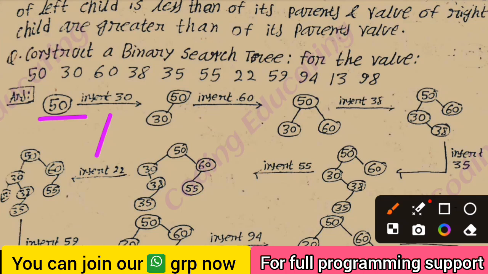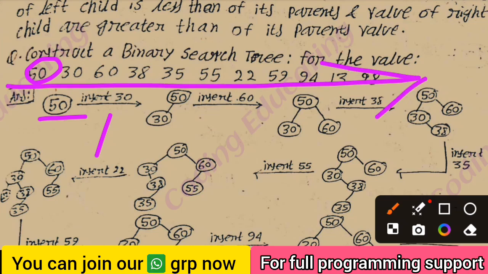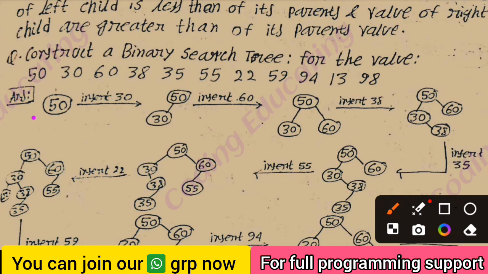At first we have to write like that. We go from left to right. At first we insert 50, then insert 30. If you insert 30, then 30 is in the left subtree of 50, because 50 is our parent node or root node. After that, we have to insert 60.